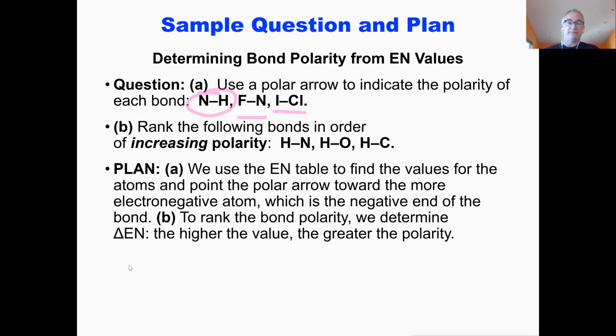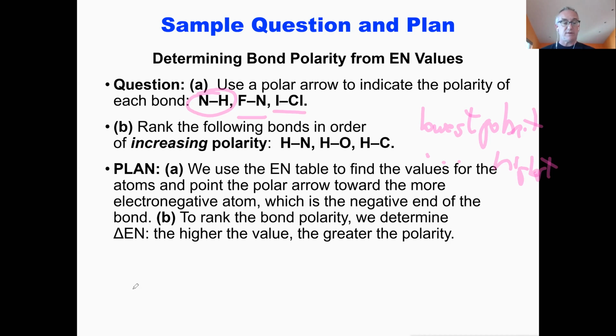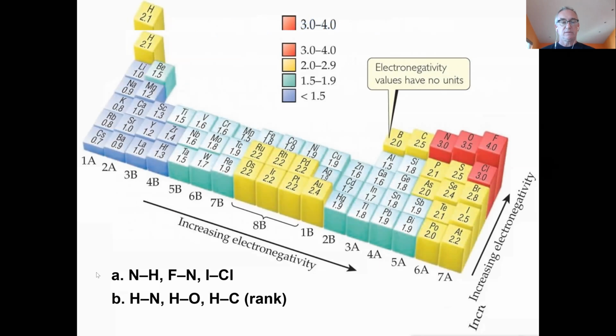And then the second one, we'll rank these three different bonds with increasing polarity, so the first one will be the lowest polarity, and then to the highest. To do that, we're going to need our table. So I just went ahead and put the table here.